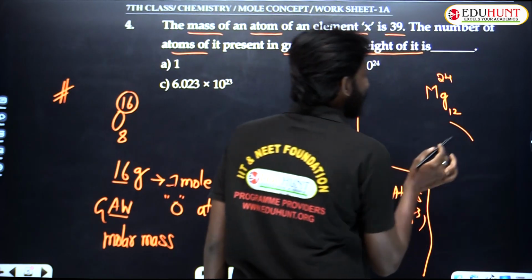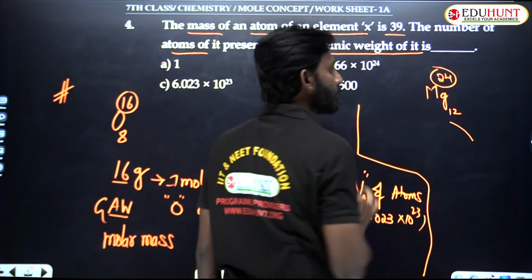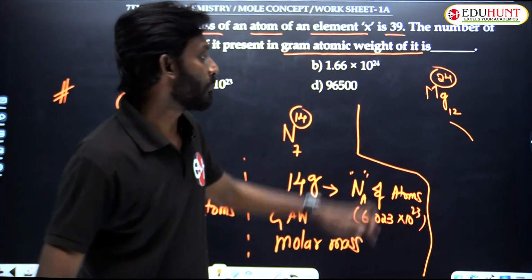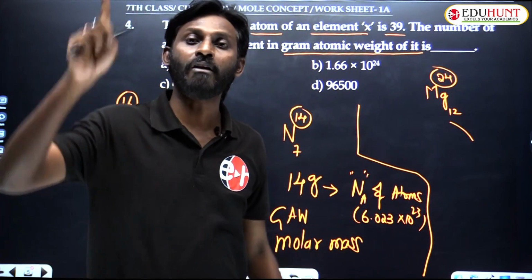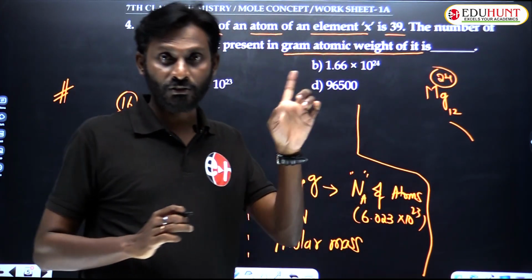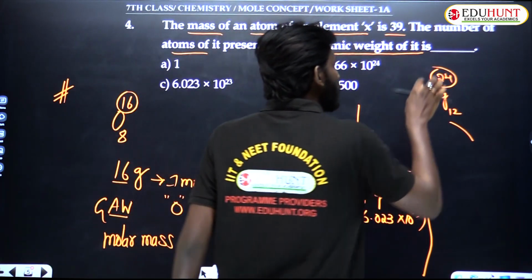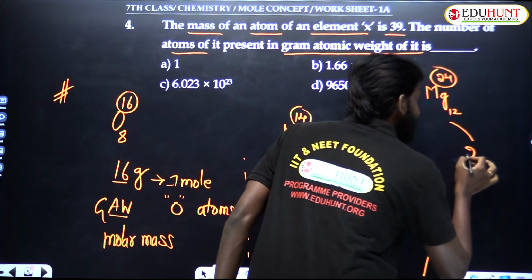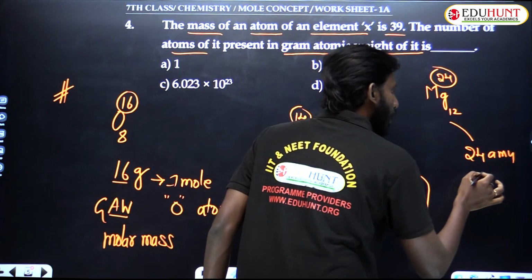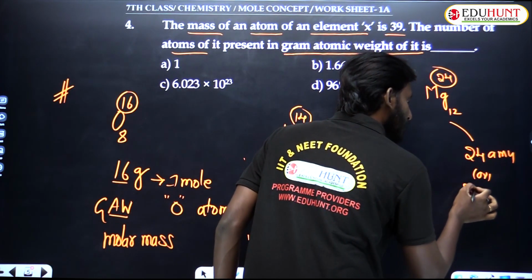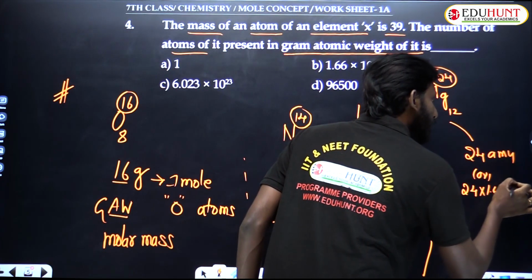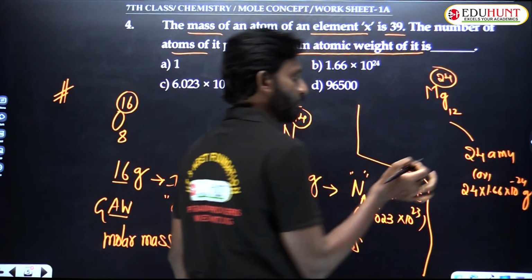One thing is, by looking at the mass number, you can write the mass of one atom, just as we did in the first three questions. I write the mass of one atom as 24 AMU or 24 into 1.66 into 10 power minus 24 grams.